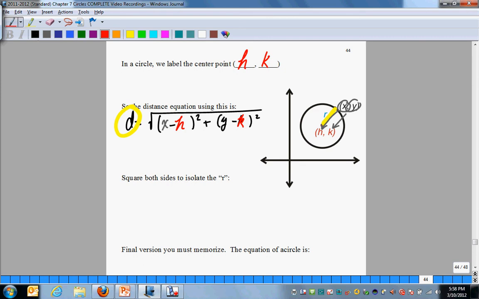That would be the distance equation. But earlier we substituted distance for radius. So let's plug in the radius here. So the radius equals giant square root, x minus h squared, plus y minus k squared.